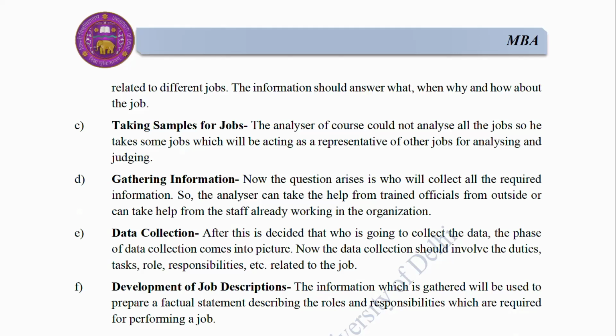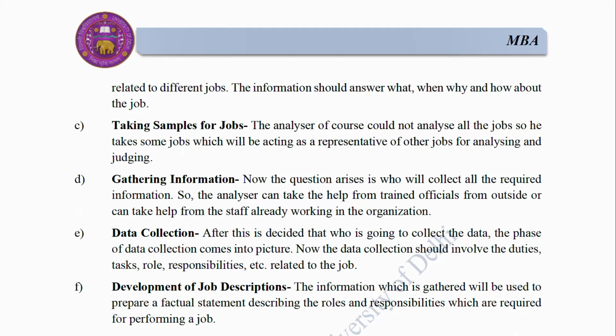Third, taking samples for jobs. The analyzer, of course, could not analyze all the jobs, so he takes some jobs which will be acting as a representative of other jobs for analyzing and judging. Fourth, gathering information. Now the question arises is who will collect all the required information.